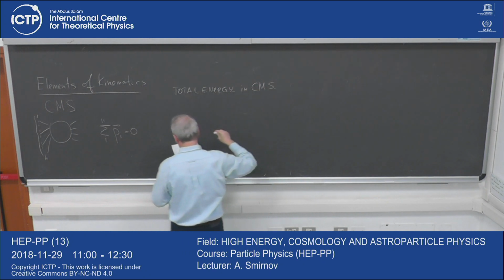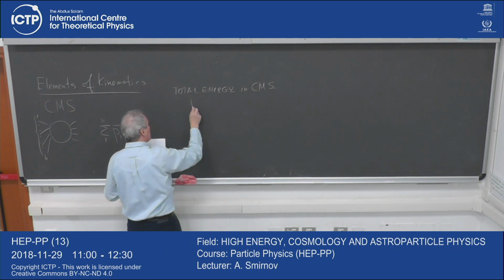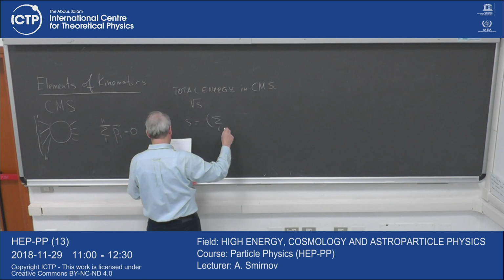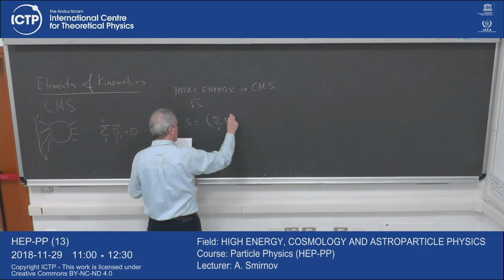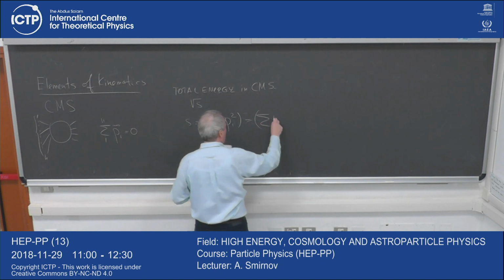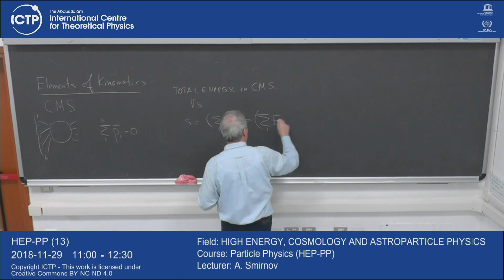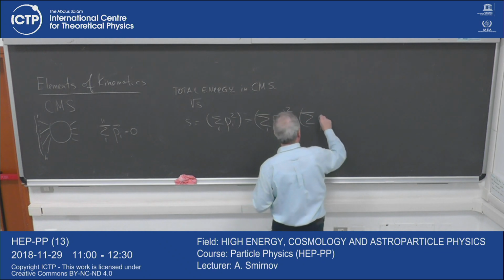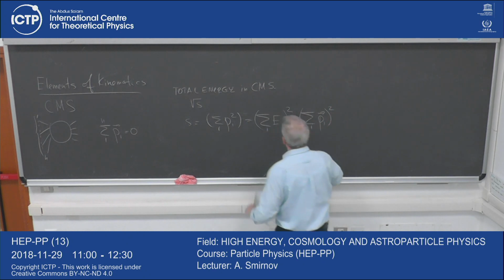We also introduce the total energy in the centrum of mass system as square root of S, and S is Lorentz invariant, which is the sum over Pi squared, which is the sum over energies squared minus the sum of momenta squared.